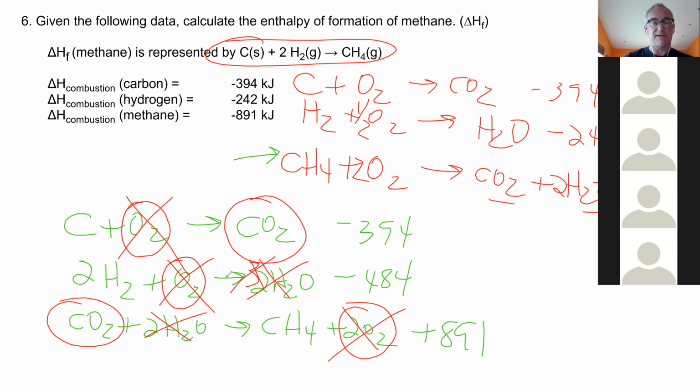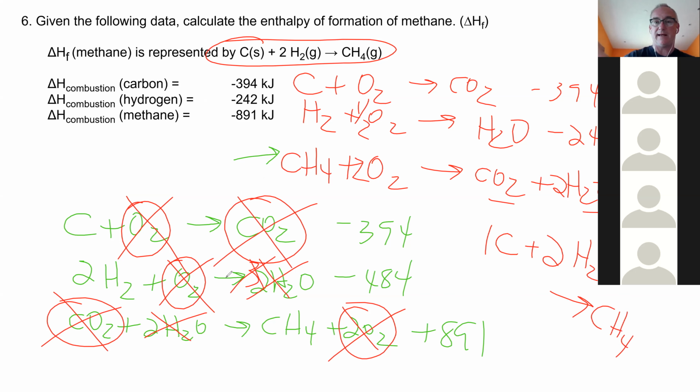So what can I do with my CO2s? Cross out. Yeah. So you see, all I've got left now, CH4. 1 mole of carbon plus 2 moles of hydrogen gas give me 1 mole of methane. And that is precisely what I was looking for.